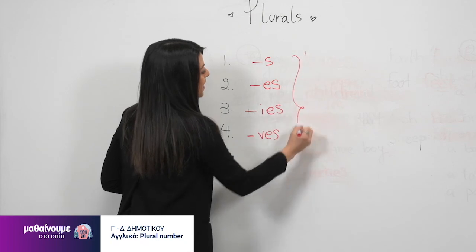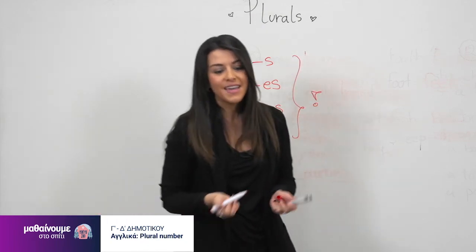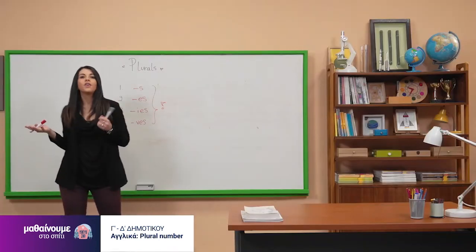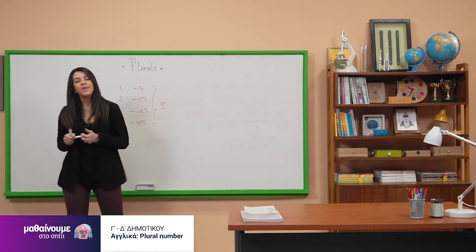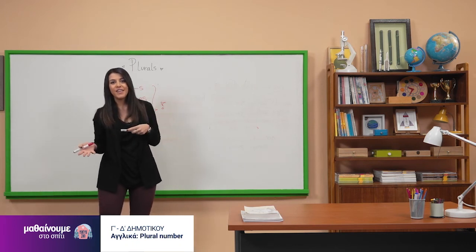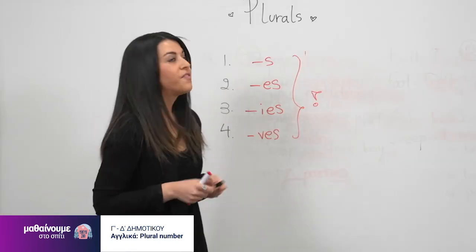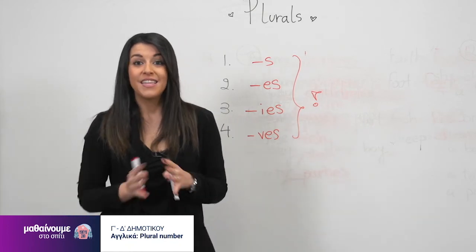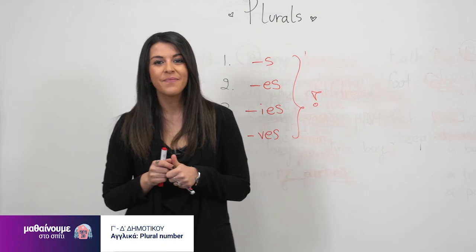Okay, these are the basic ones. And then the irregular ones that we said: man, men, woman, women, child, children, person, people, mouse, mice, and then we have foot, feet, tooth, teeth, and finally fish, fish, and sheep, sheep. These are the most basic, the most important irregular ones, okay?